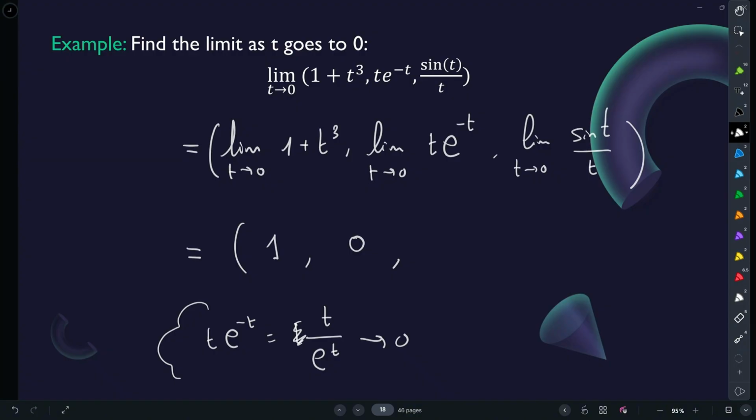That is 1. That is one of those more complicated limits. There's a fairly sophisticated proof that one does when you start learning calculus, that this limit as t goes to 0 of sine of t over t is 1.